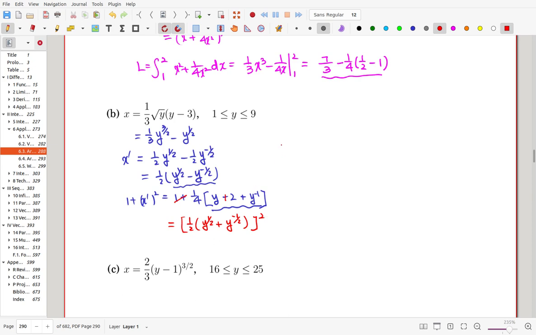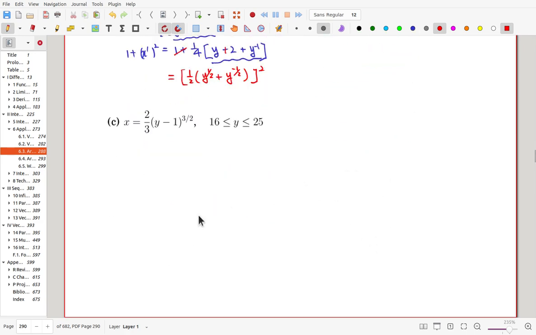So from this, the arc length will be the integral from 1 to 9 of half times y to the half plus y to the minus 1/2, dy. The computation of this one is not so complicated, so you can finish it yourself.